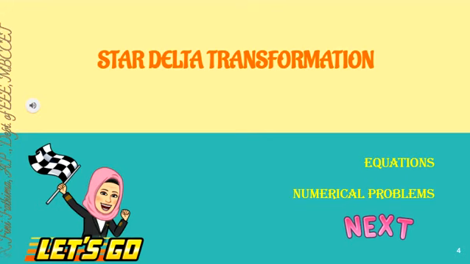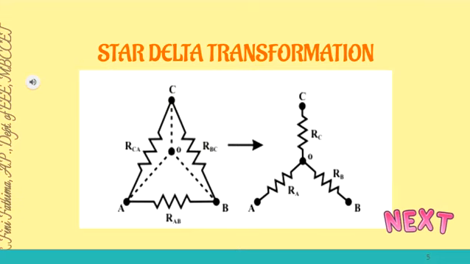So first I'm going to discuss delta to star conversion. First we have to make sure that we follow the same equation pattern. For delta connection I use RAB, RBC, RCA. Okay, I use the resistance with the two suffix letters.